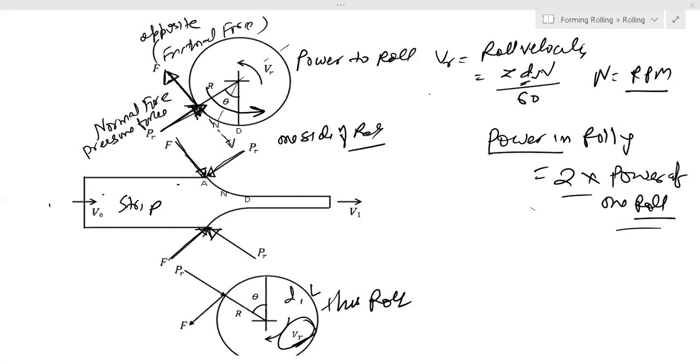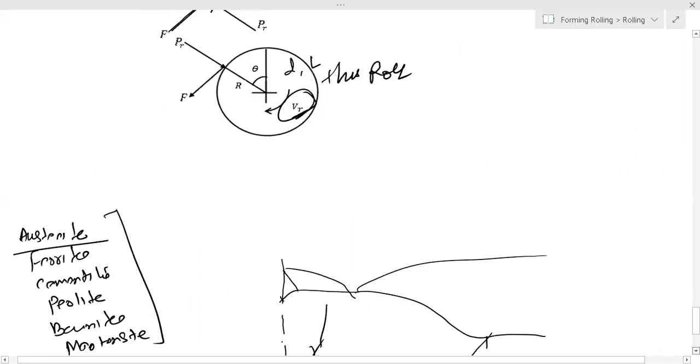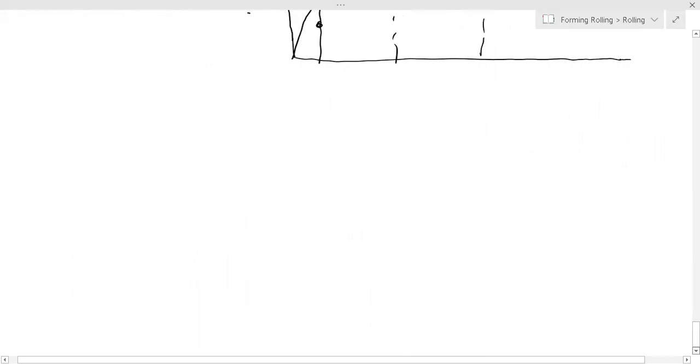Now we have understood the forces acting on the roll and the strip, right? Let me copy the content.